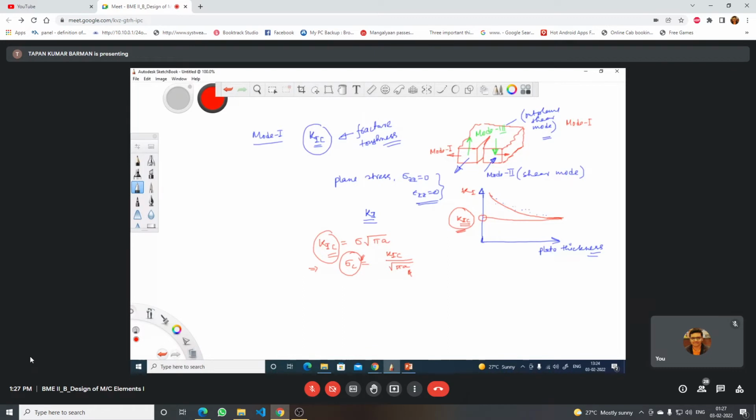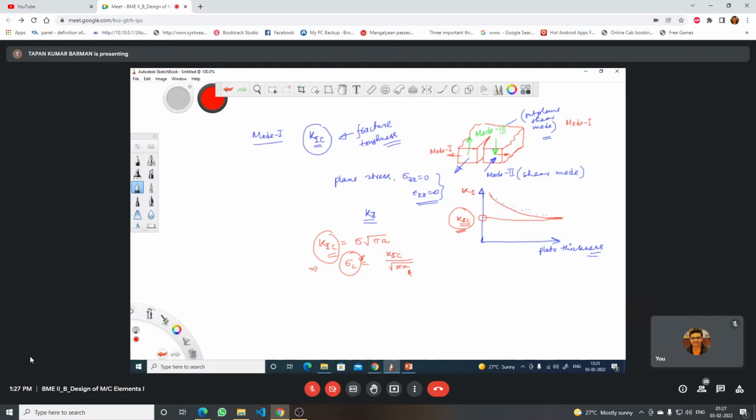Yes, K1C value. Let me explain again then. If I can apply a particular load, for that load we may calculate the stress intensity factor, right? K1 factor we may calculate.